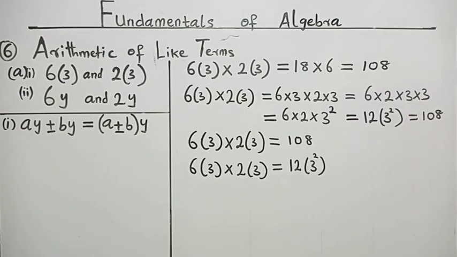And here comes the comparison. 6 bracket 3 times 2 bracket 3 is equal to 108. See it here. The same 6 bracket 3 times 2 bracket 3 is equal to 12 bracket 3 to the power 2. So this is the answer, and this is also the answer.